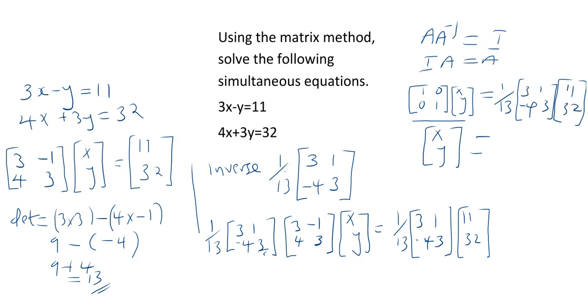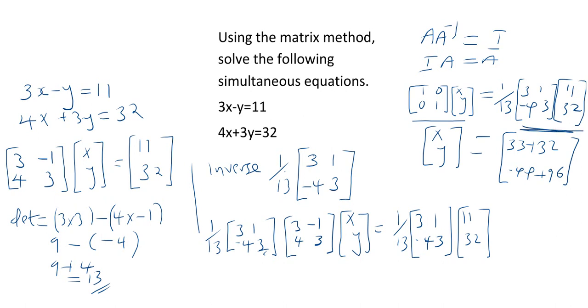So we shall get 33 plus 32, then negative 44 plus 96. Remember, this is multiplication of these two.